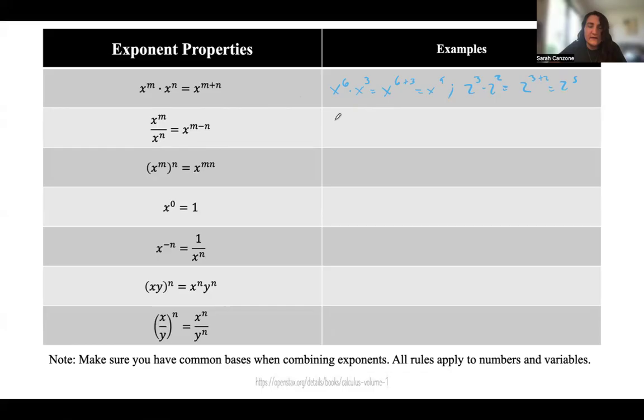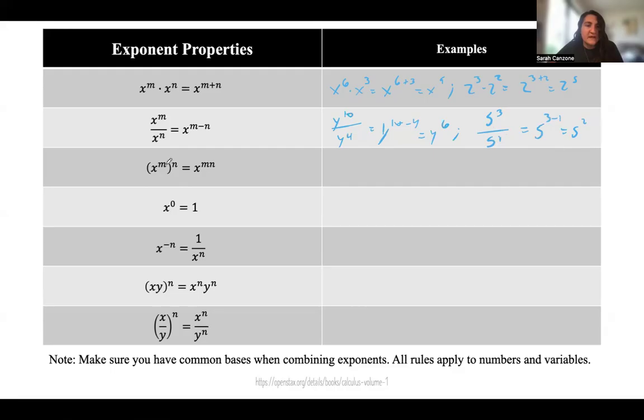An example is y to the 10 over y to the 4 equals y to the 10 minus 4. It's y to the 6th. Or we can have 5 to the 3 over 5 equals, well, something that we have to remember is that if there is no exponent attached to a number, there's an implied 1. So this is 5 to the 3 minus 1, which is 5 squared.